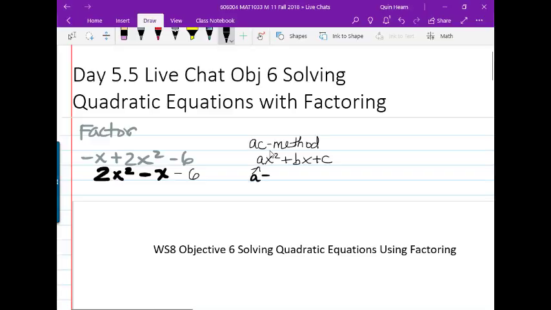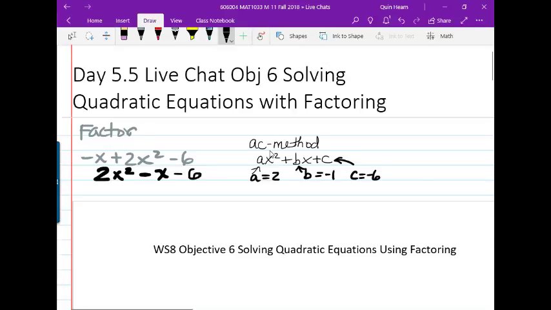So in this case, a is equal to 2. The coefficient in front of x is called b. Even though it's not written, there is a coefficient in front of the x here. The coefficient of x is actually negative 1. And then c is always the constant term that doesn't have an x. In this case, c is negative 6.